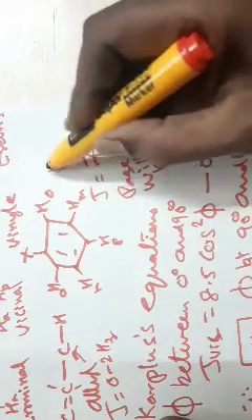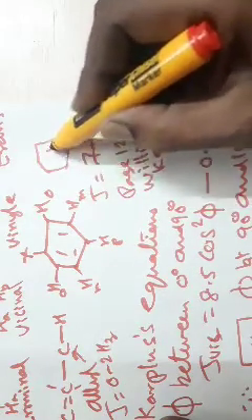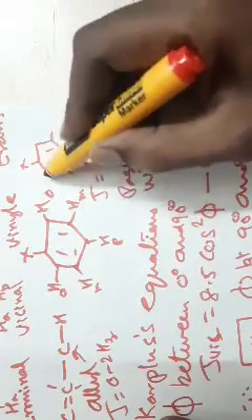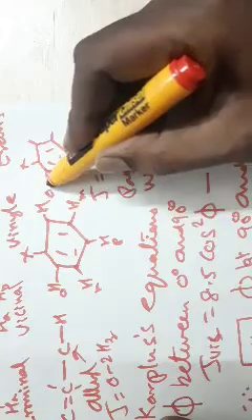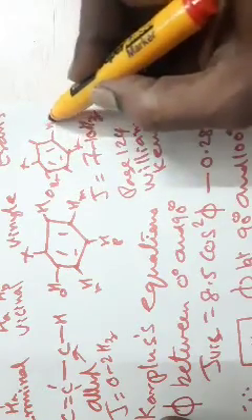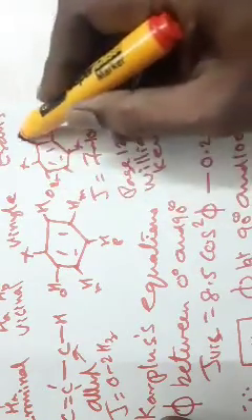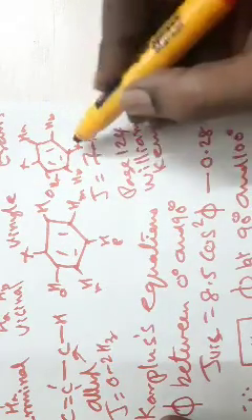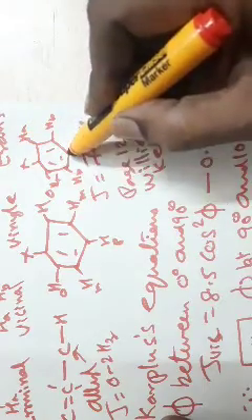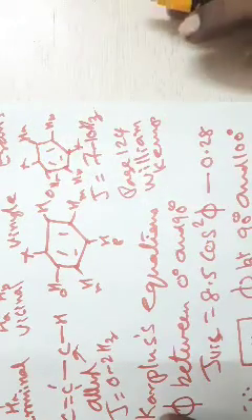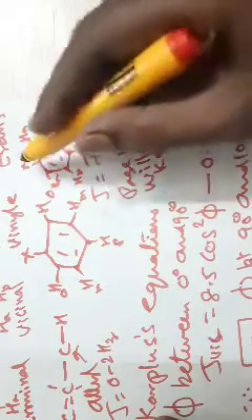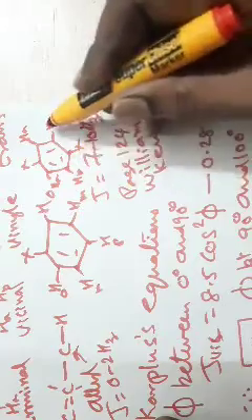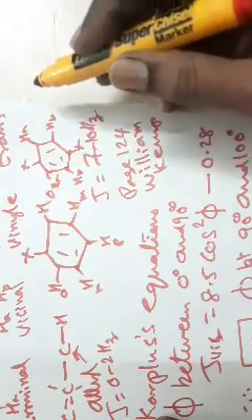Suppose it is symmetrically para-disubstituted, X and X, then we have two sets of protons only, Ha and Hb. These two protons are identical and these two protons are identical. Suppose it is ortho-disubstituted, then these two protons are identical, these two protons are identical. Suppose instead of X here, we have Y, these two protons are identical, these two protons are identical.